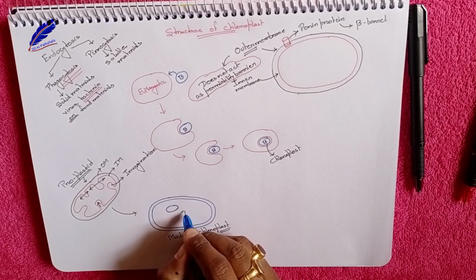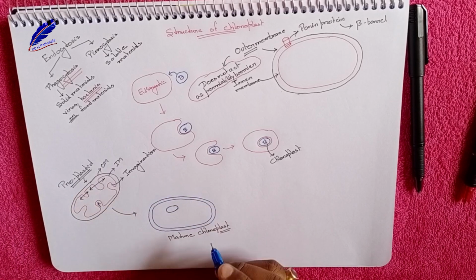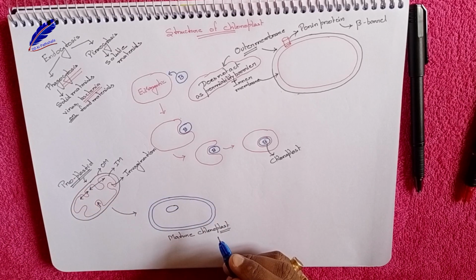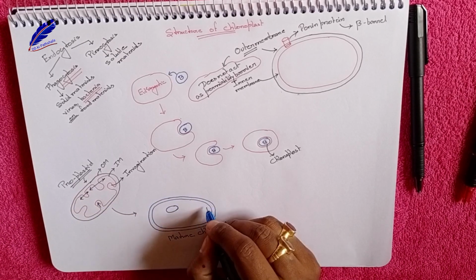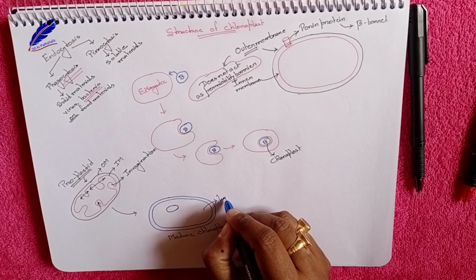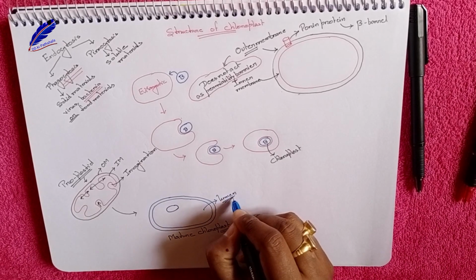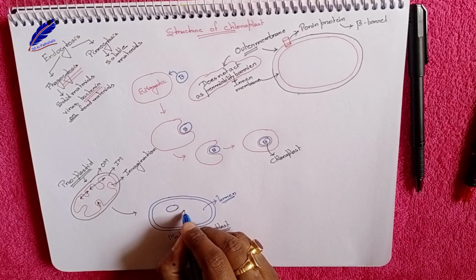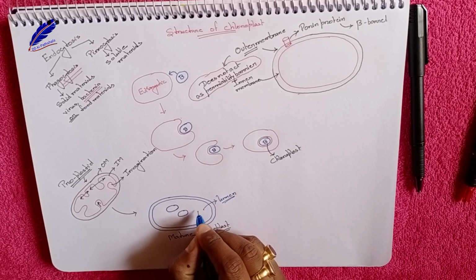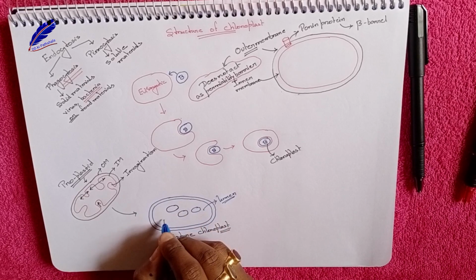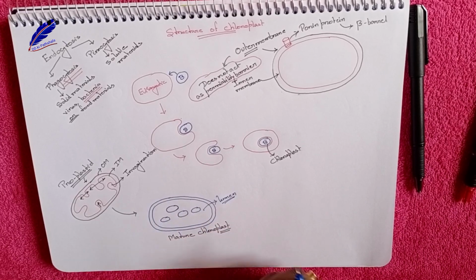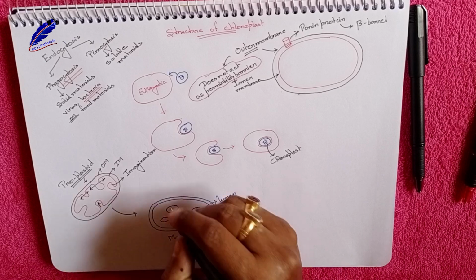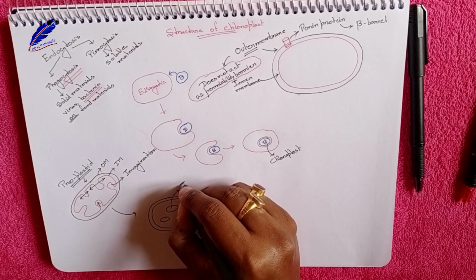So these invaginations on maturity are cut down and they enter into the lumen, and by the hydrophobic activity they join to form small vesicles inside the lumen. These small vesicles are called thylakoid.